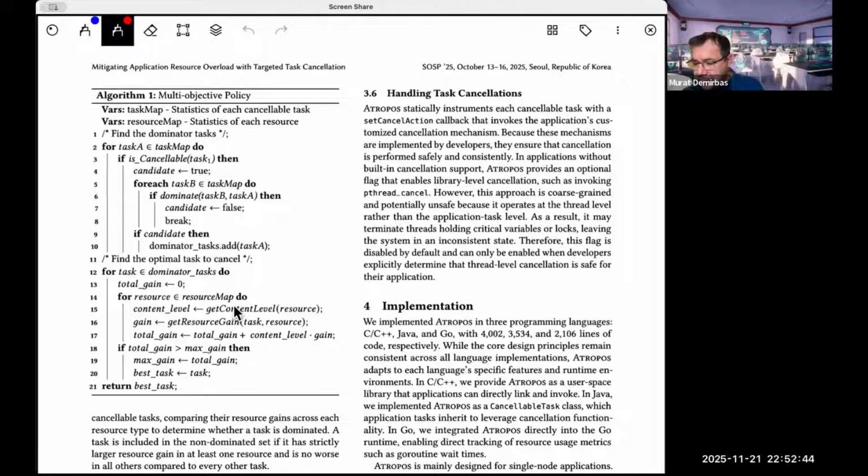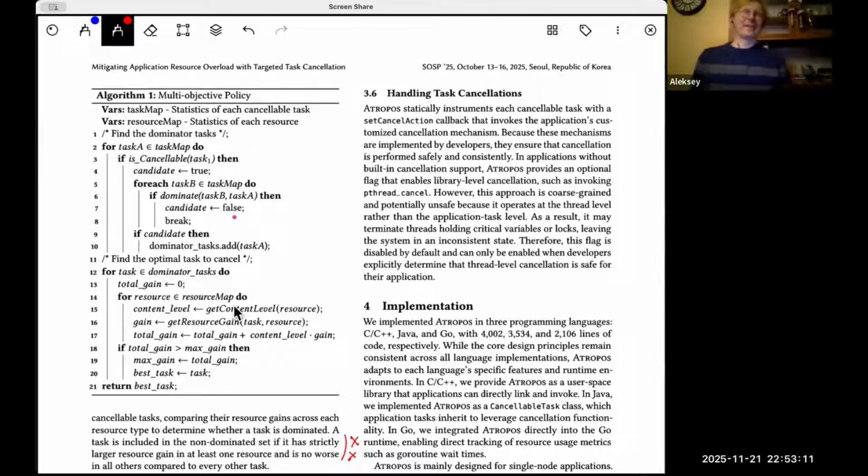A task is included in the non-dominated set if it has strictly larger resource gain in at least one resource and is no worse in all. I'm a bit lost.